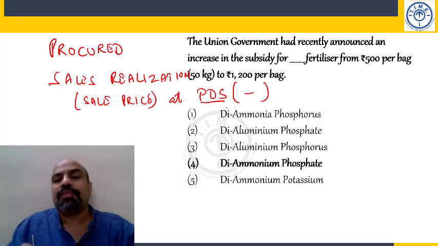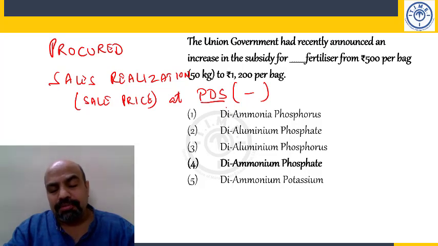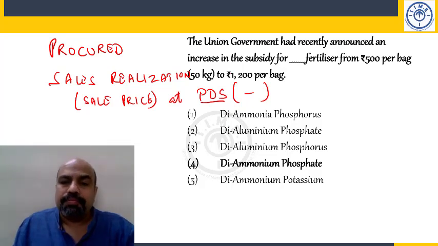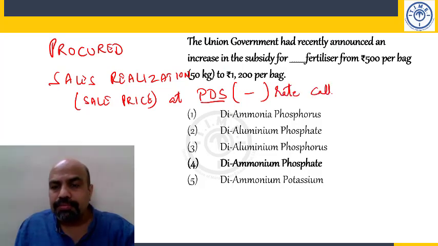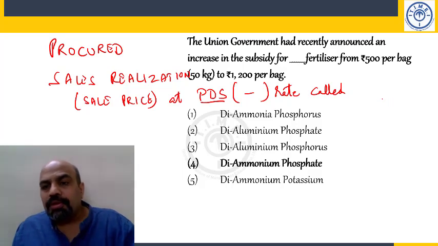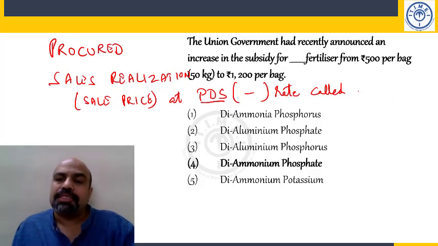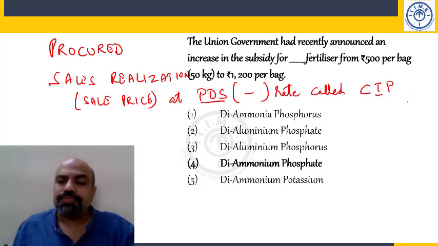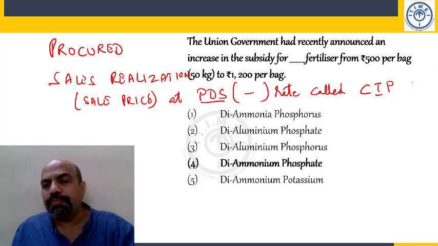You take the full form, please. Public Distribution System rate, PDS rate, called the central issue price.